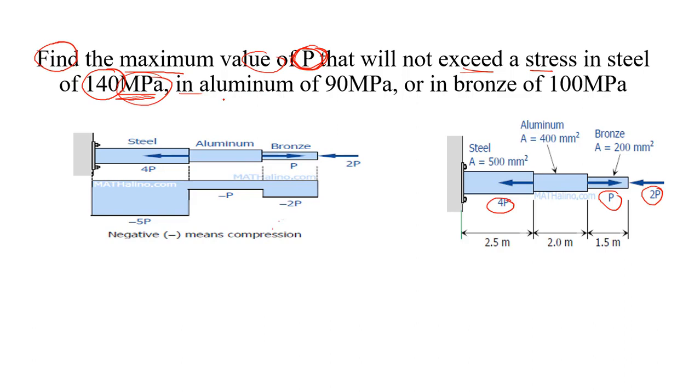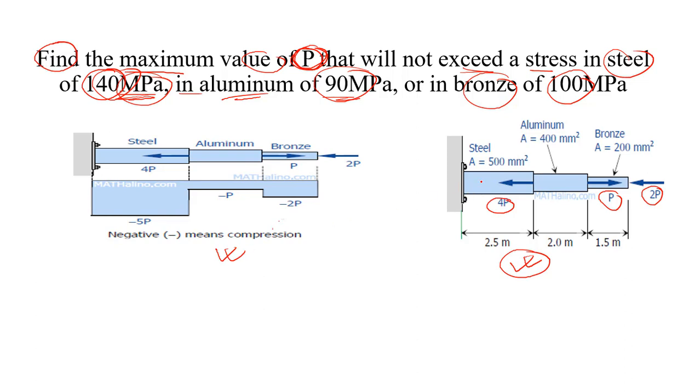For aluminium of these, and bronze for these, and steel for this. This figure will be provided in the question paper, but we have to draw this figure for our calculation.